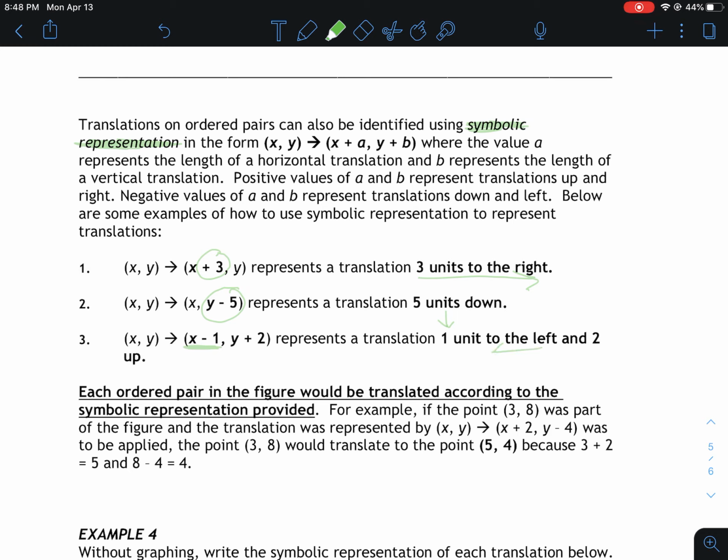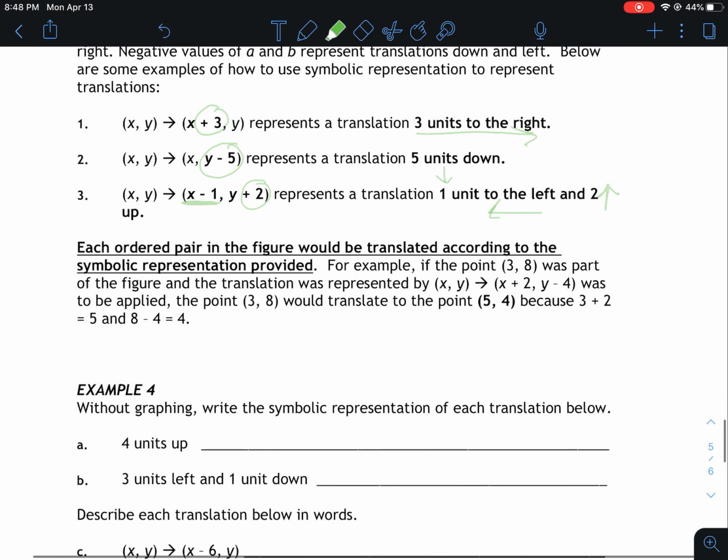So that means we are going to go to the left 1, and it says plus 2 to the y. So that means we are going to go up 2 for the y. So each ordered pair in the figure would be translated accordingly. So if we see that we have 3, 8 as our original point in the figure, and we add 2 to the x, that would give us 5.